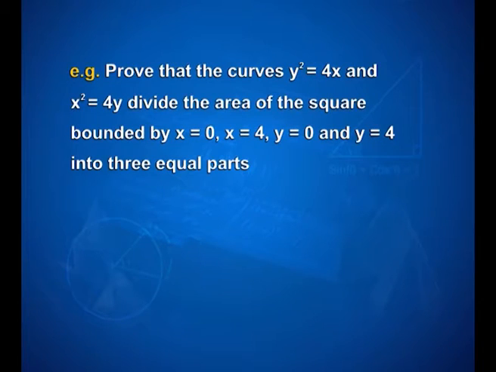Prove that the curves y square is equal to 4x and x square is equal to 4y divide the area of the square bounded by x is equal to 0, x is equal to 4, y is equal to 0 and y is equal to 4 into 3 equal parts.